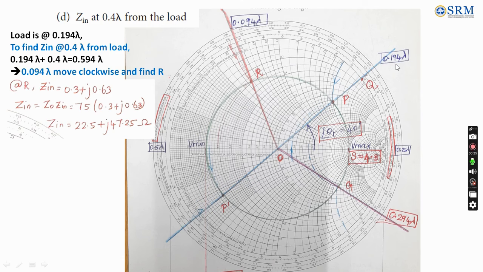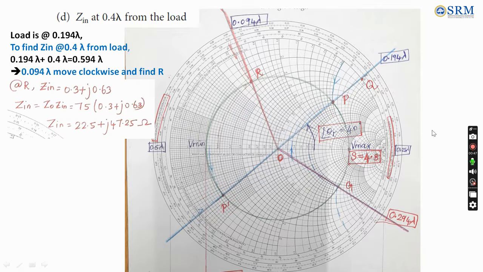Load is available at this location. So from here we have to move 0.4 lambda towards the generator side. From the load we have to move towards the generator so as to find the input impedance. So we add 0.4 lambda to this location of load, and we get 0.594 lambda.